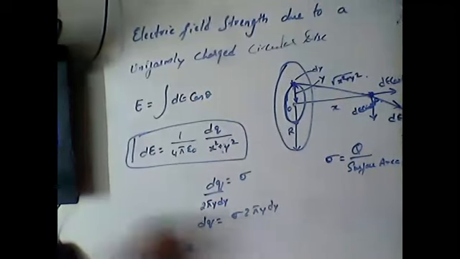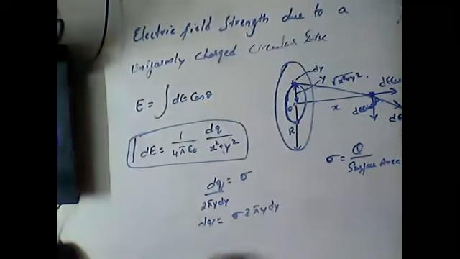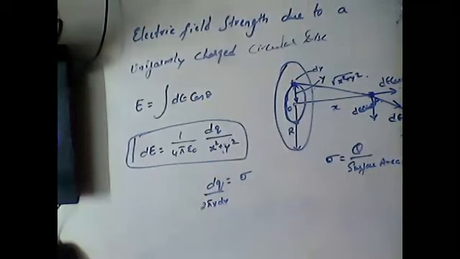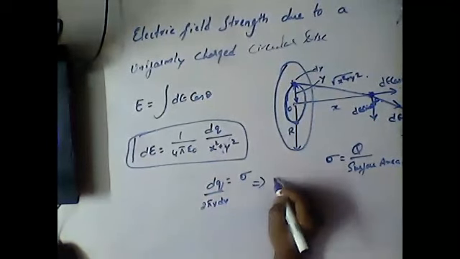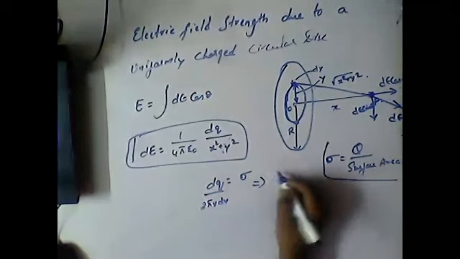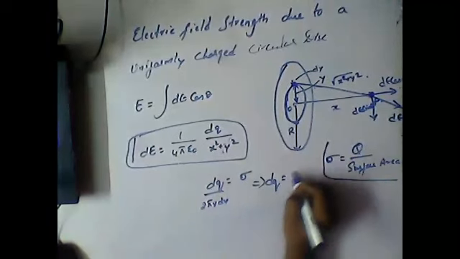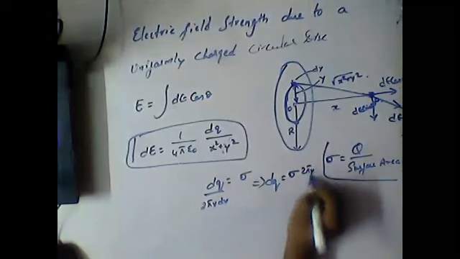Now keeping all of this in the equation, E is equal to the integration of 1 by 4 pi epsilon, which I'm writing as k for easy calculation. Here dq is equal to sigma 2 pi y dy.